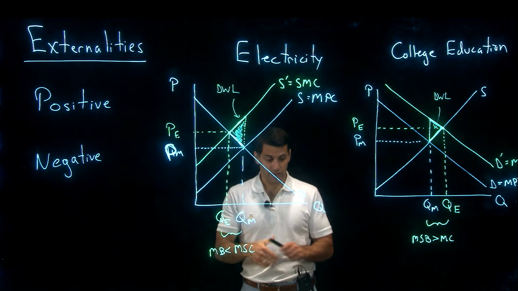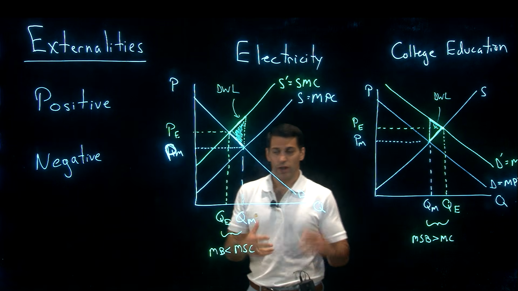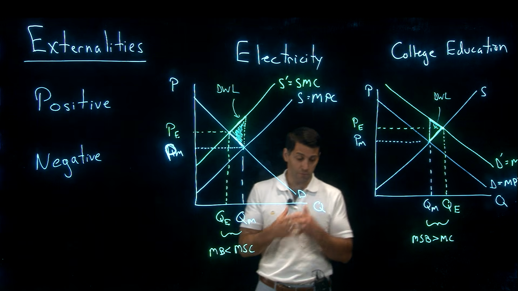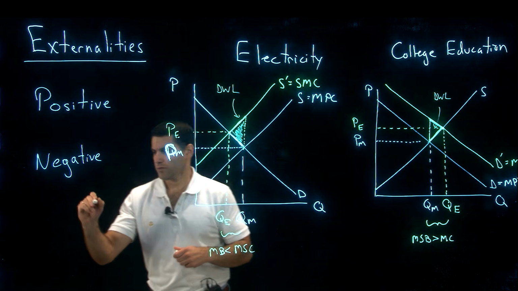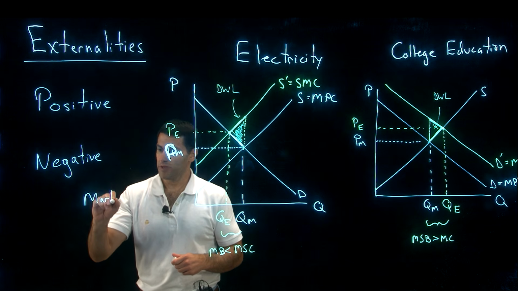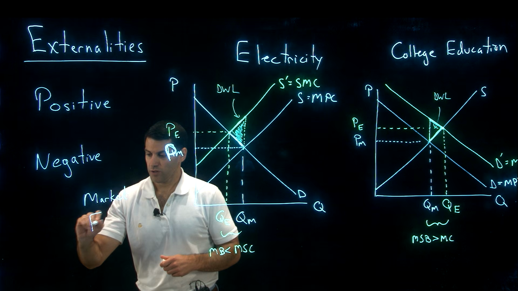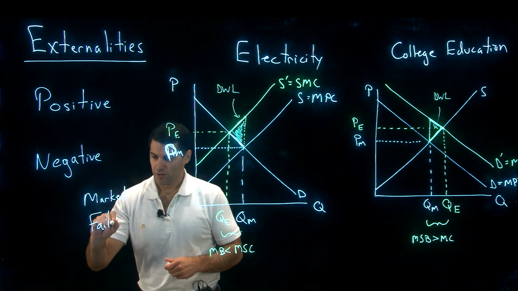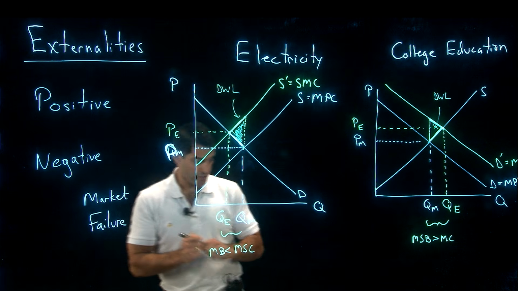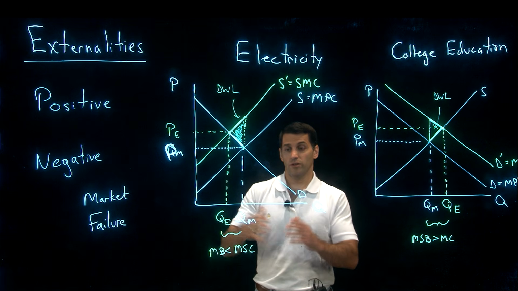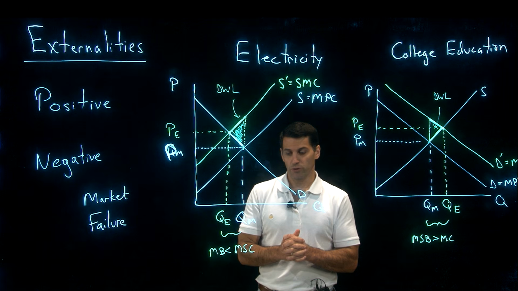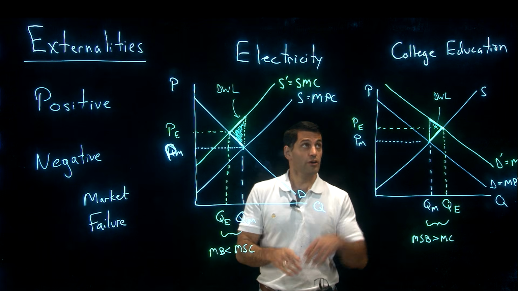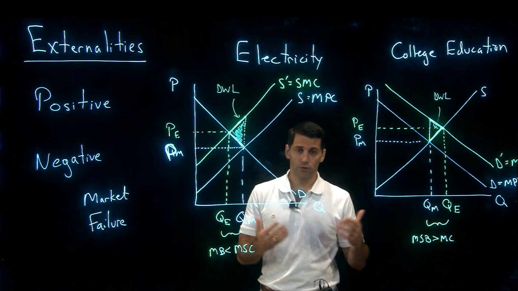So this is the basic analysis of how externalities generate what we term a market failure. So what do we mean by market failure? Well, we have two different examples. With the negative externality, we are producing too much. With the positive externality, we don't produce enough.